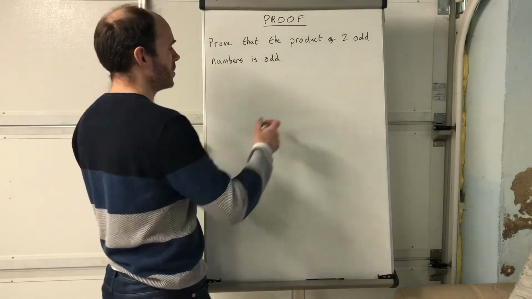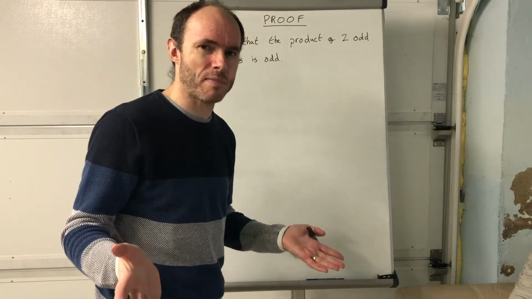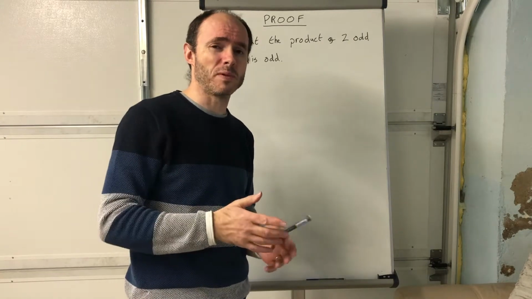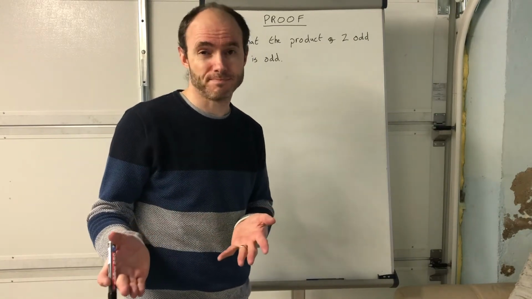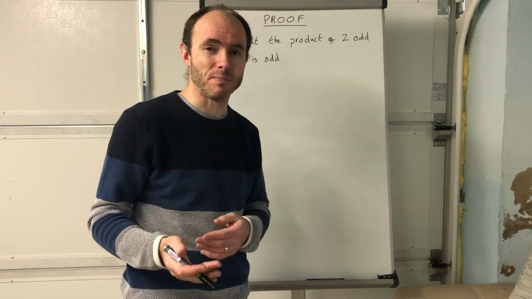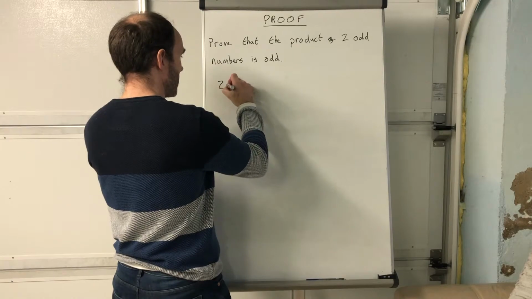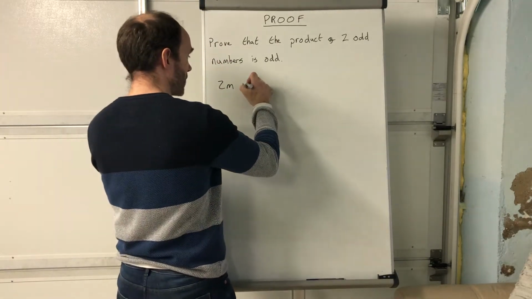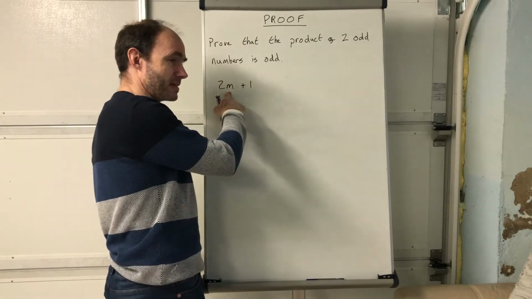So first of all, we're looking at odd numbers. We've got to define mathematically what we mean by an odd number. Quite simply, an odd number is one that is either one more or one less than an even number. That's how we define an odd number. As an example, 2m is an even number, so 2m + 1 must be an odd number, as long as m is an integer.